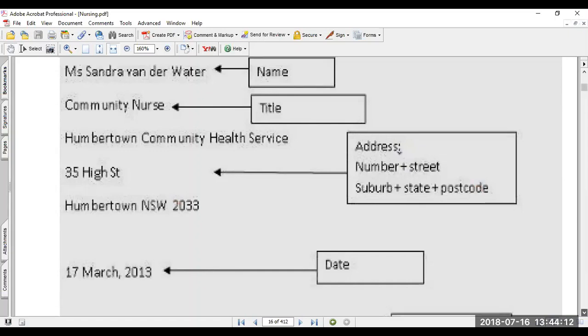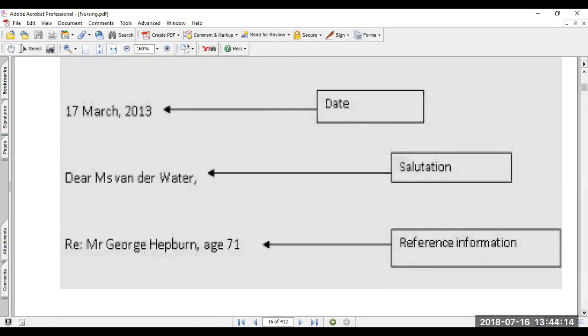And then date. Again, both the formats are accepted, putting comma or not putting, both ways are correct. So we will not be using comma, we'll be using it without comma. Then salutation and reference.